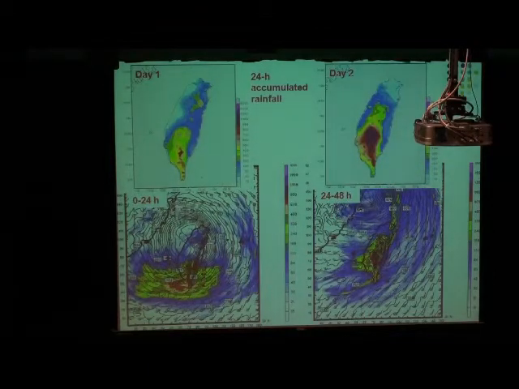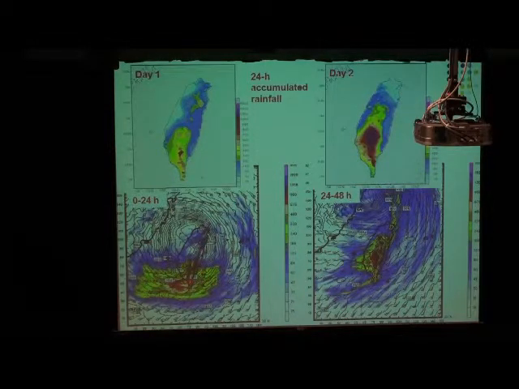This is the 24-hour rainfall. On day one, most areas in southern Taiwan received rainfall exceeding 300 millimeters, and the maximum is about 800 millimeters. On day two, rainfall increases rapidly, and the maximum rainfall exceeds 1,000 millimeters. In the simulation, the maximum rainfall is about 700 millimeters, which is not bad.